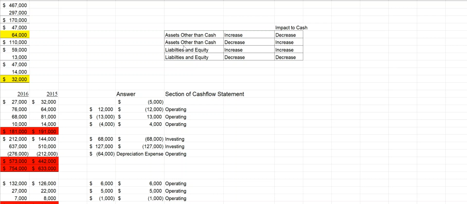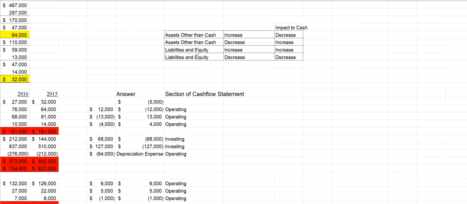For all of our other assets other than cash, when those decrease, our cash increases. So take, for example, accounts receivable. Whenever we receive money from accounts receivable, my accounts receivable account decreases, but my cash account increases. So when we're doing our statement of cash flows and analyzing the account, we're not looking at the impact to the account, we're looking at the impact to cash.